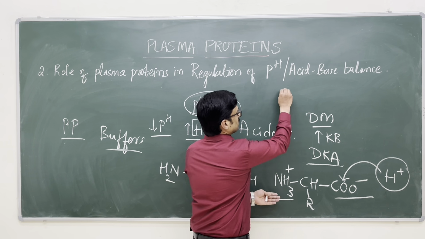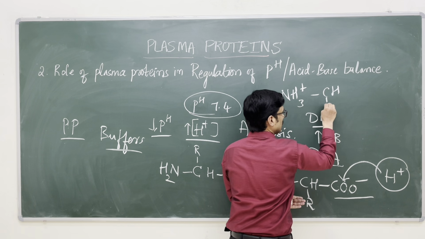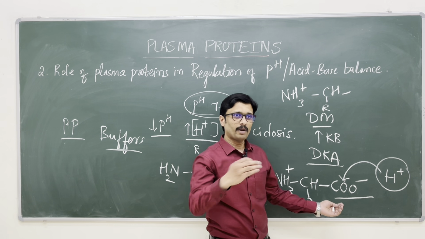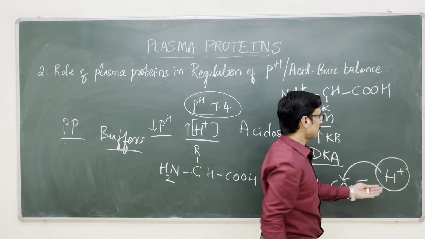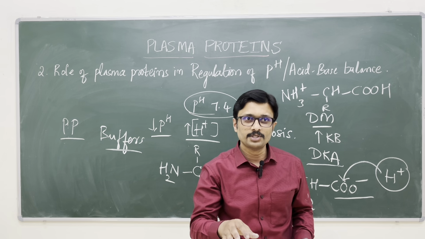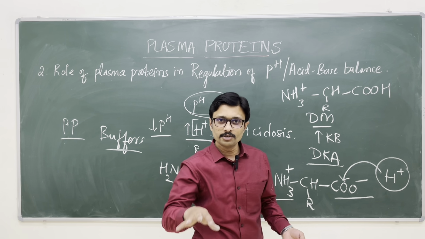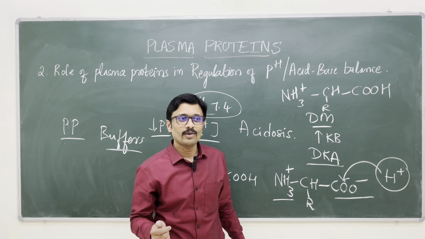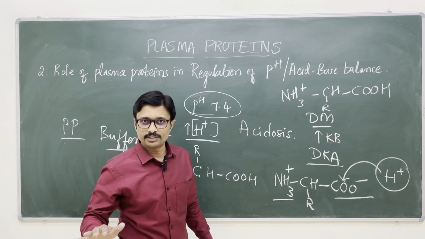So this will be NH3 plus, this is CH, and by picking up hydrogen ions from the plasma, this will be converted into COOH. So what happens to the free hydrogen ions? The free hydrogen ions are reduced. So when there is an increase in the free hydrogen ions in the plasma, they are reduced by being picked up by the amino acids. So these amino acids, which are components of the proteins, are buffers.